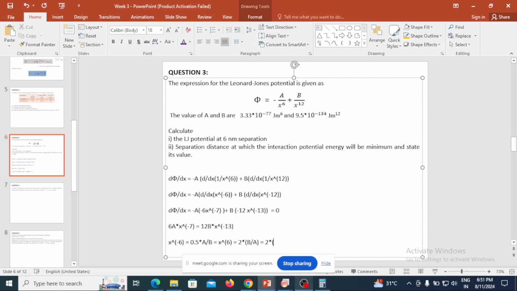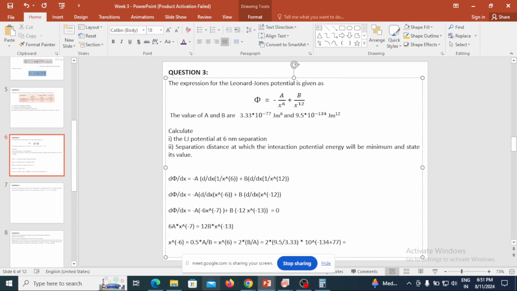So what is 2 times b by a? What is the value of b? b is 9.5 into 10 to the power minus 134, and a is 3.33 times 10 power minus 77. So 9.5 by 3.33 times 10 to the power minus 134 plus 77.